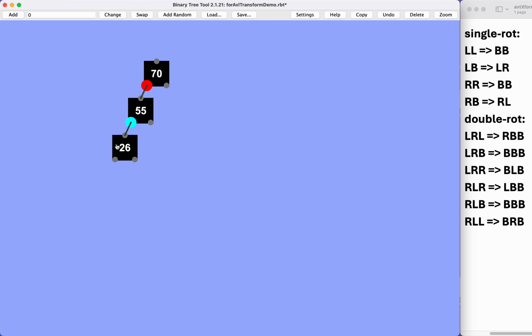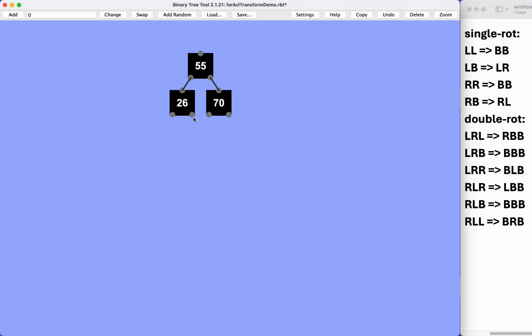That's in our single rotation category. So what we do is modify the left to be balanced, and we do a single rotation of the child over the parent. And this gives us a valid AVL tree again. Now, it could be the case that it's not as simple a tree as this.